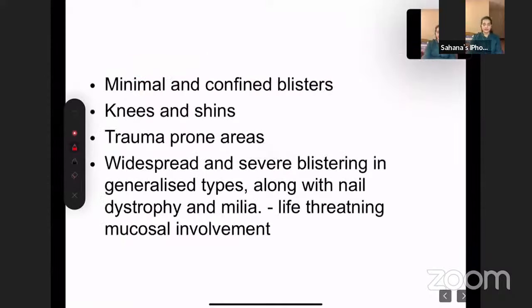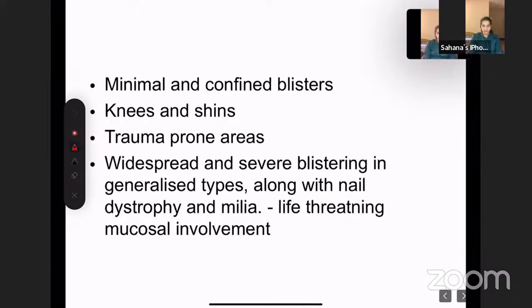Let's go back and see. Like I said, minimal and confined blisters. Where are they confined? Usually to the upper extremity. They can also occur on the knees and shins in children above the age of 1 year who have just started crawling or walking. Why? Because they are the most trauma-prone areas. When the child is crawling, the knees and shins are the most trauma-prone areas, and you can see blisters there.